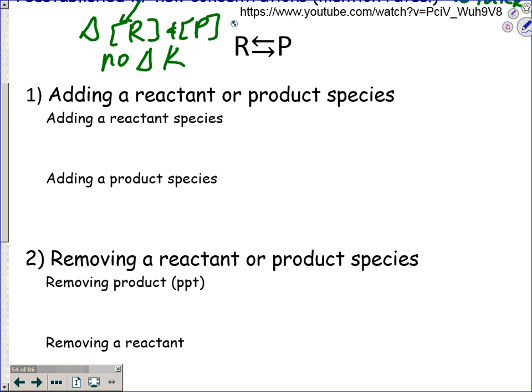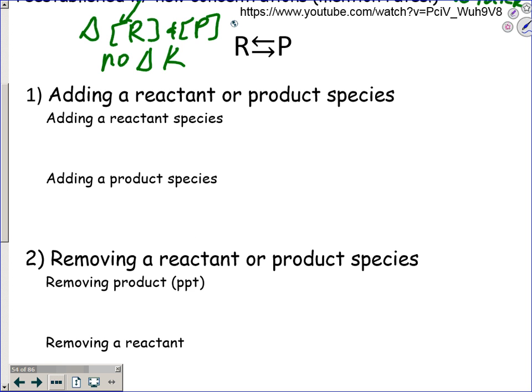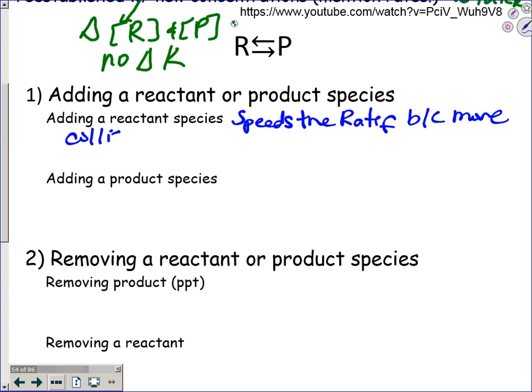Forward, because reactants force the forward reaction to occur. So you would note that adding a reactant species speeds up the rate of the forward reaction, because more collisions, right? Remember, we always talk about collisions as it relates to rate of reaction.